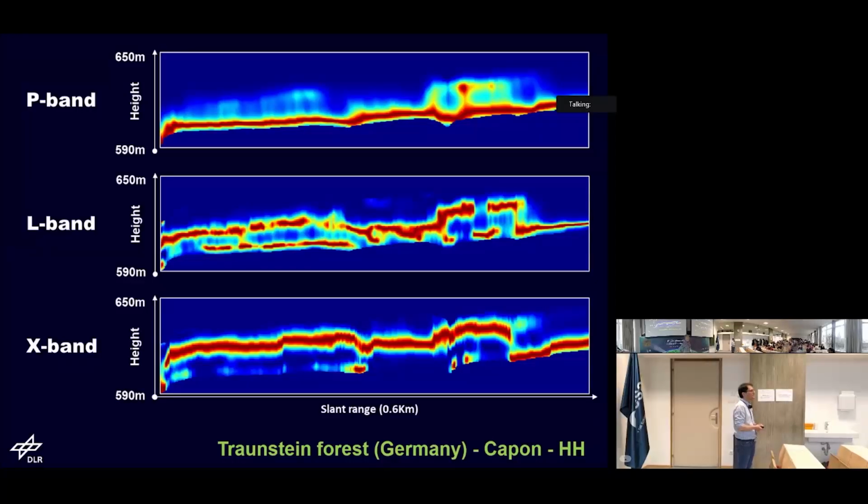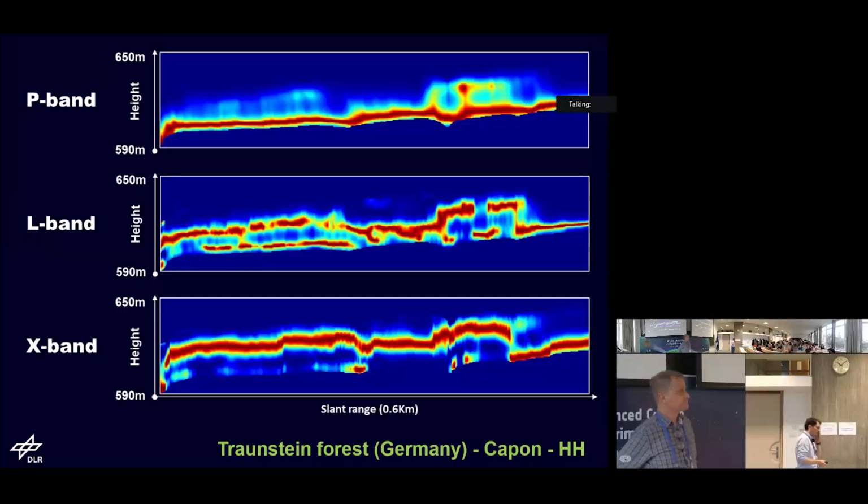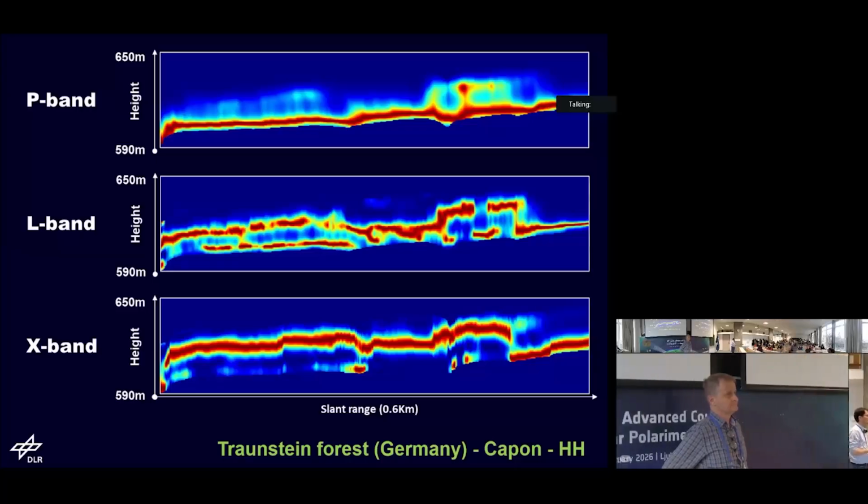But of course, what is important to know is that how much a forest volume scatters depends a lot on how much water you have inside and on top. So we will see later examples of the same forest with data acquired before and after a rainfall, and you will see the profiles can change dramatically. Okay, thank you.